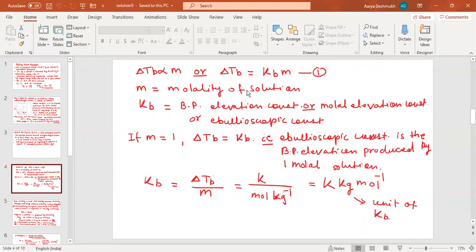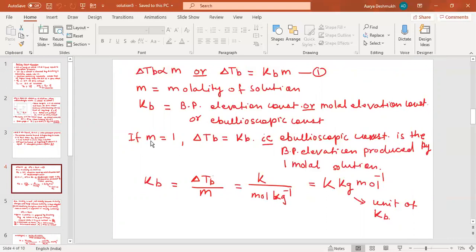What is this small m? This is the molality of the solution. KB is nothing but the boiling point elevation constant or molar elevation constant, because we are applying this whole thing to a 1 molar solution. So we can say that it is the molar elevation constant, also called the ebullioscopic constant.